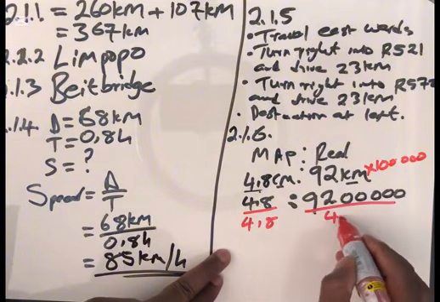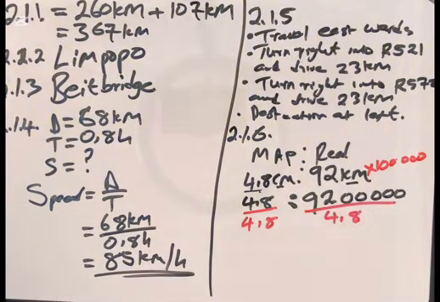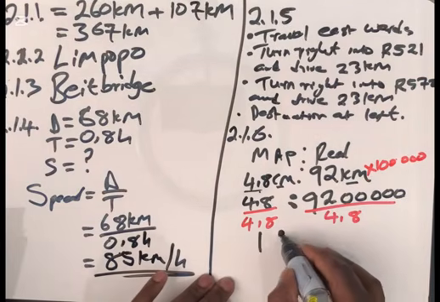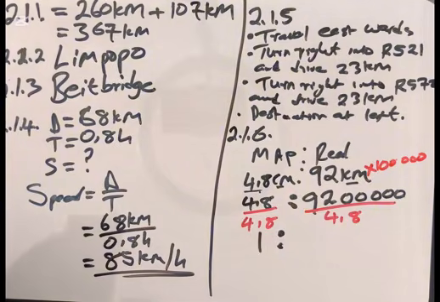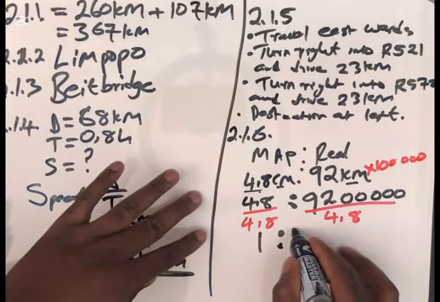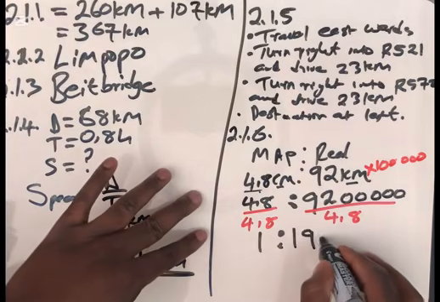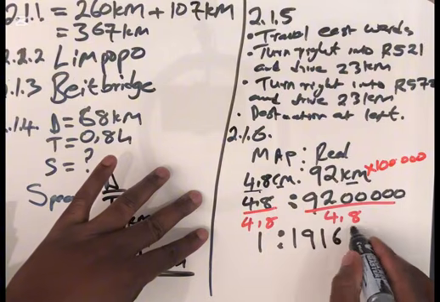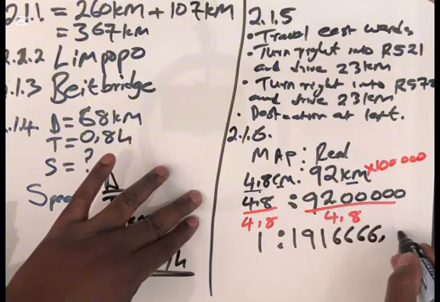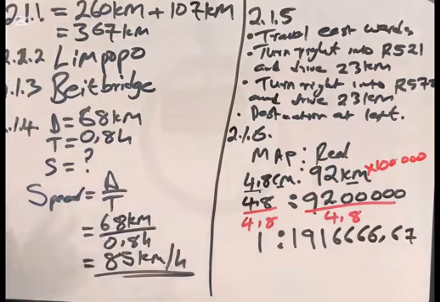Divide here by 4.8. 4.8 divided by 4.8, we know this one is going to give us 1. 9,200,000 divided by 4.8, I found that it is 1,916,666.67. If you go back to the question, it said round this off to the nearest 100,000.